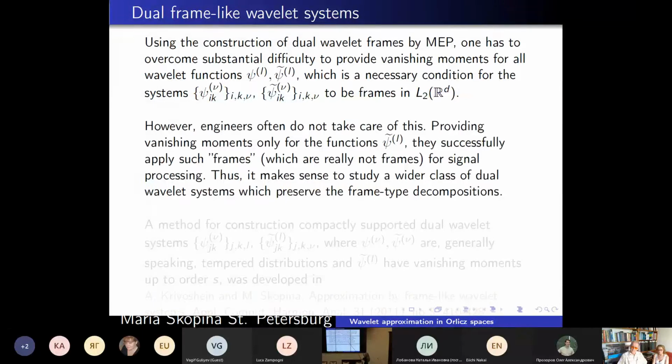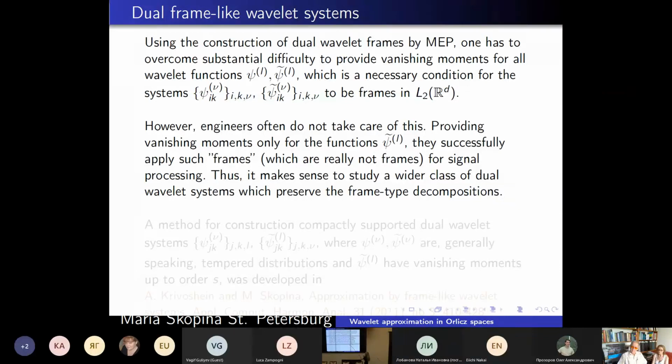I will read. Using the construction of dual frames by the matrix M, one has overcome an essential difficulty, to provide vanishing moments for all wavelet functions, which is necessary. Really, this is not easy. There are many constructions, but they are complicated.